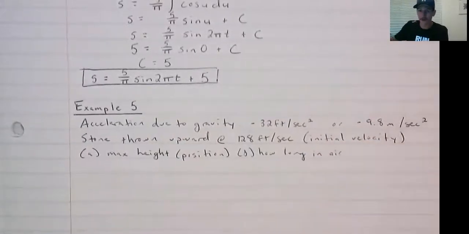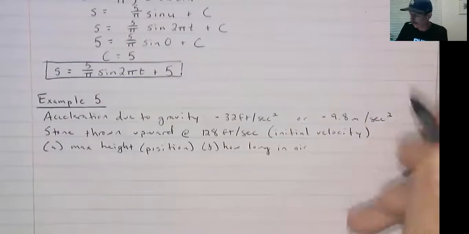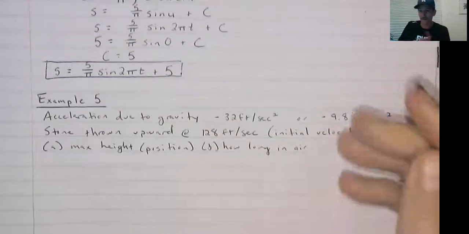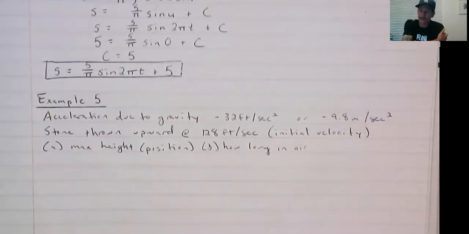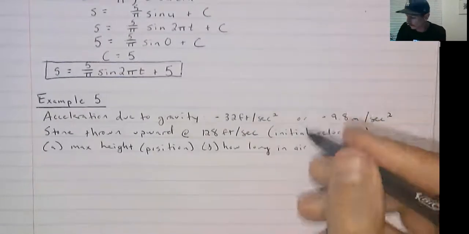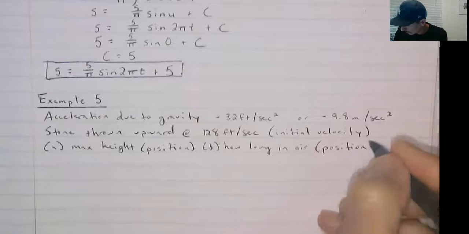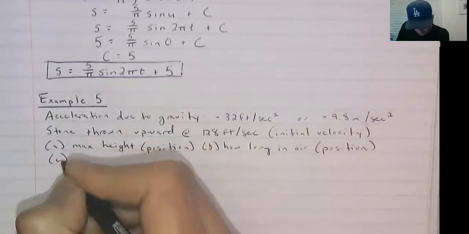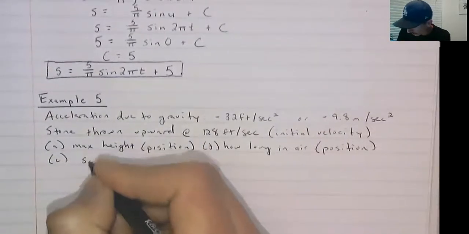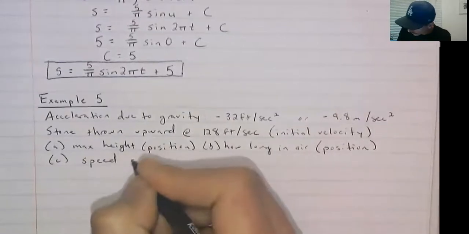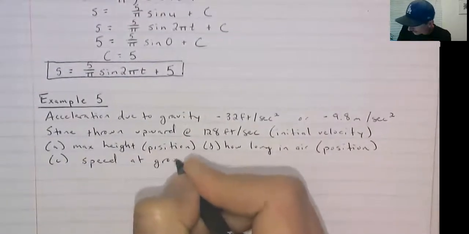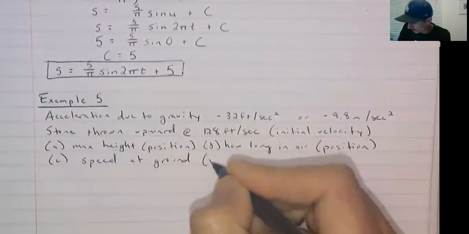So when does it hit the ground again? It's again going to be based on the position. We want to figure out when is position 0. Well, the time is 0, but then another time as well. And then finally, speed at the ground. So that's kind of a tricky one. So speed when it hits the ground again will be based on the velocity.